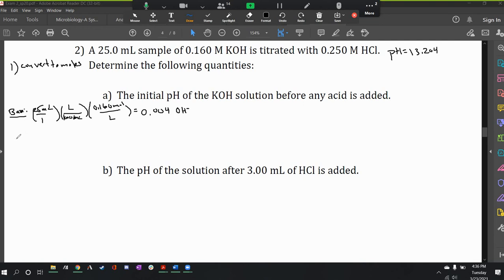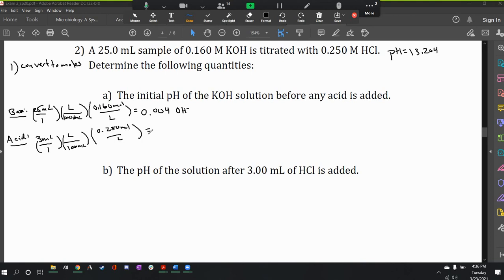All right, now let's do the same thing for the acid. Let's figure out how many moles of acid we're adding. Same process: we have 3 milliliters of acid. Turn milliliters into liters. And the concentration of acid is 0.25 moles per liter.